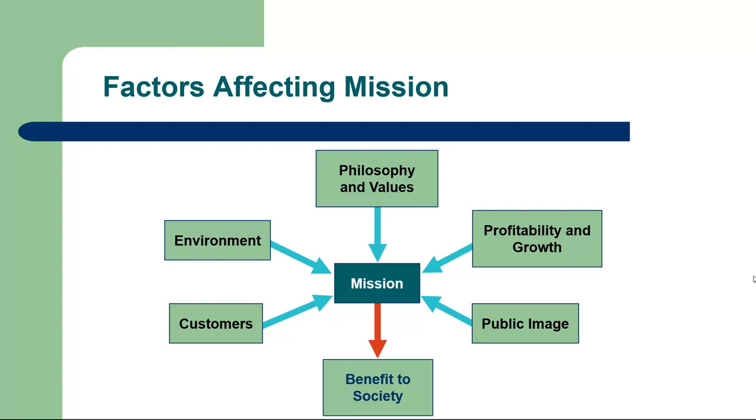We need to look at the profitability and growth, the public image, and the philosophy and value that we are building in that company. And from there, we can create what we call the organization mission. The mission will address the benefits to the society. So you see in the statement that you create in the mission what will be the benefit for the society, and we'll talk about that through examples.